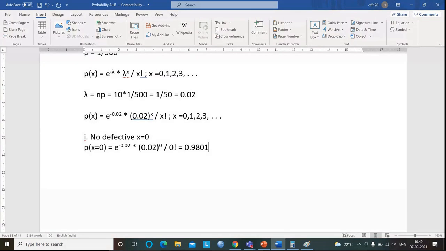So finally 1 into 1 into 0.9801 is 0.9801. What is this? The probability of getting no defective.